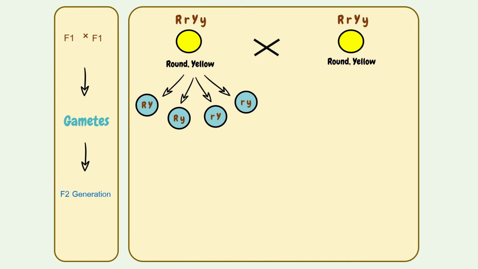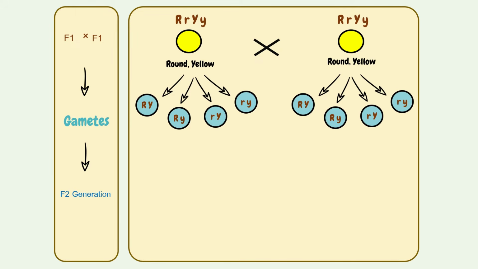The other F1 generation will also produce four types of gametes: one with capital R and capital Y, one with capital R and small y, one with small r and capital Y, and one with small r and small y.